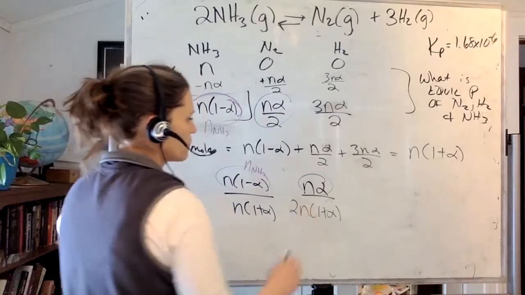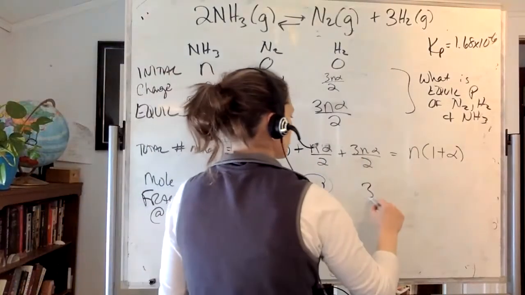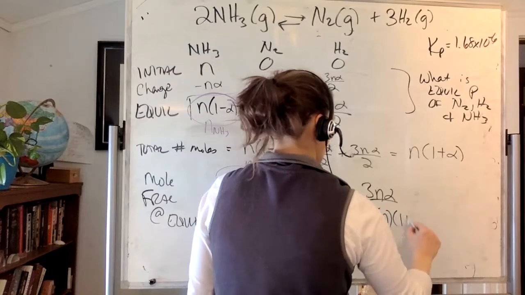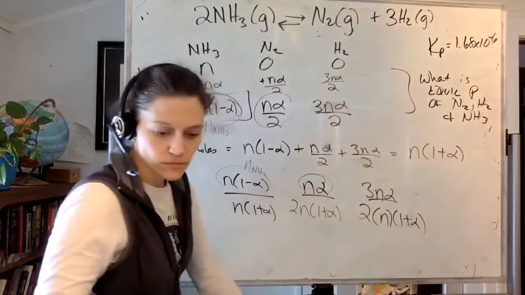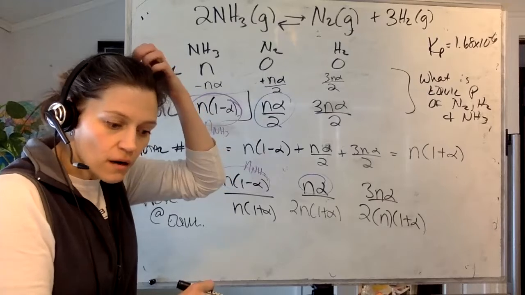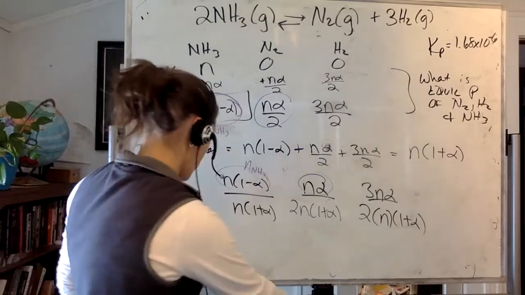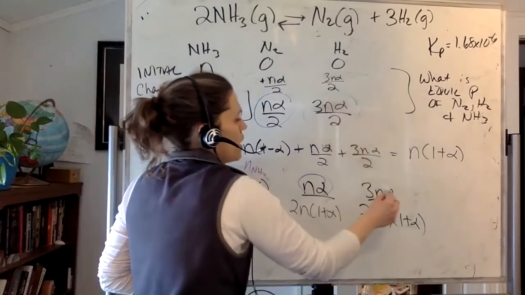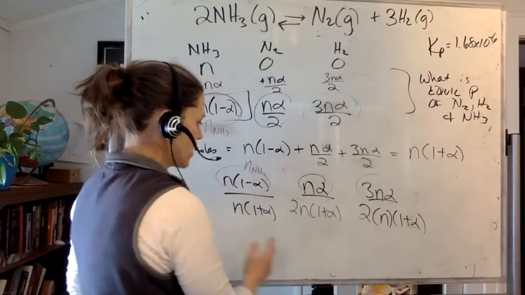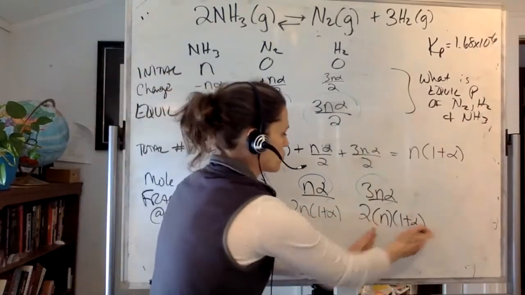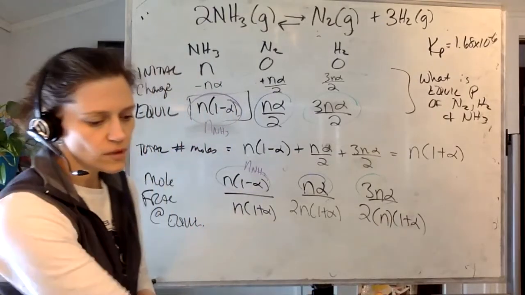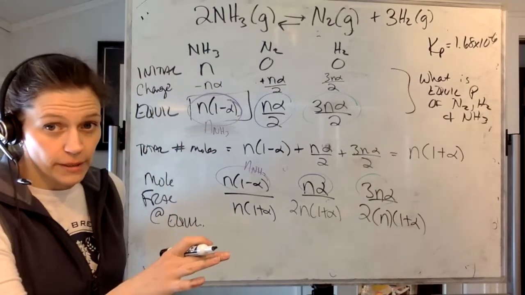Oops, there should be a 2 there. And then likewise 3 N alpha divided by 2N times (1 plus alpha). And then likewise N of H2 divided by N total. So each of these have N total, N times (1 plus alpha). All right. Everyone following me?